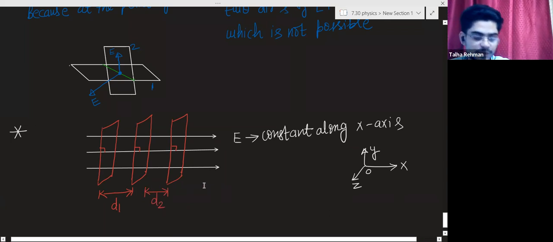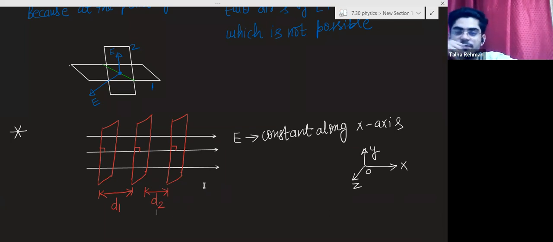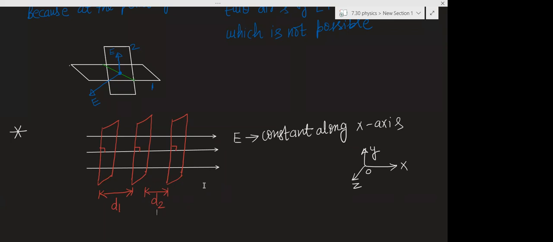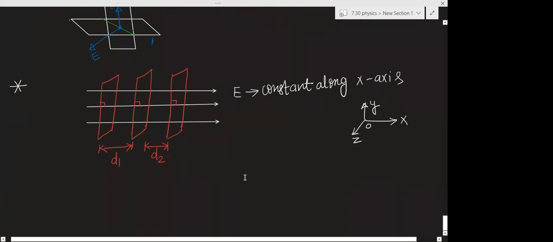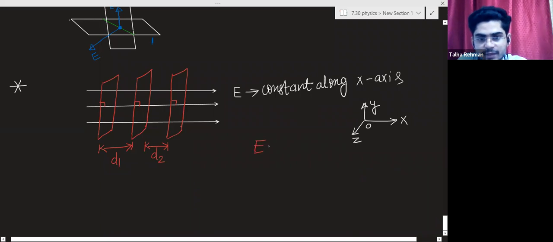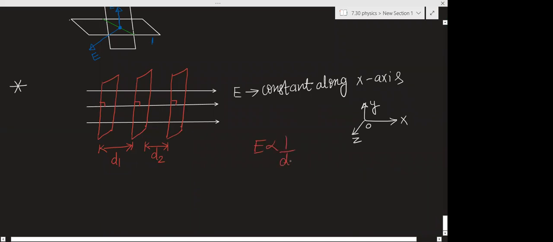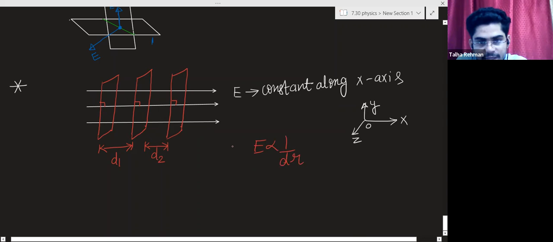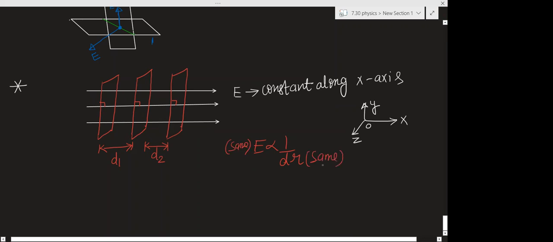Is d1 greater than d2, or equal, or less? Sir, equal. Why? Because the potential difference is not given, here E is the same, means dr is also the same. So we can say d1 equals d2.